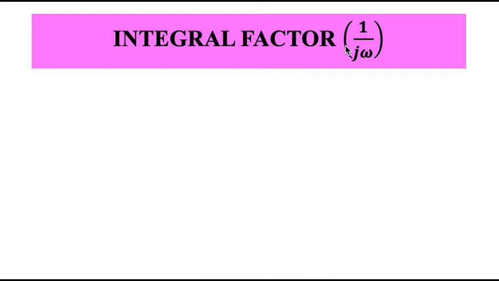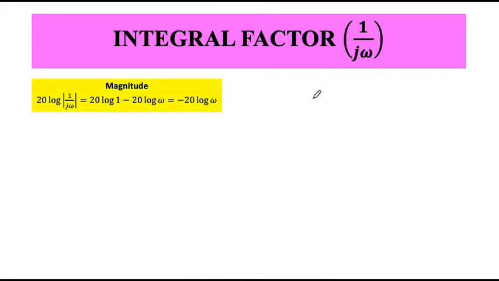So how will the magnitude look? This is looking at 20 log 1 by j omega. It will expand as 20 log 1 minus 20 log omega, and this first term is 0, so I am left with minus 20 log omega.